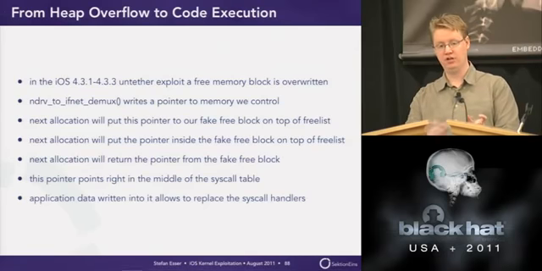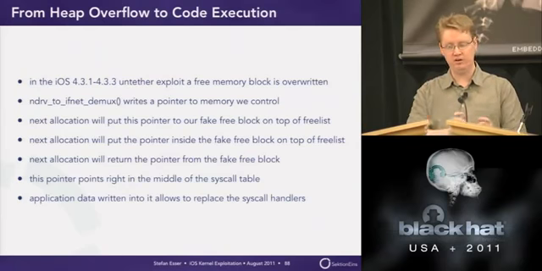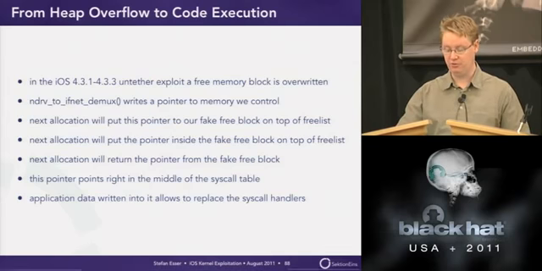And if the kernel copies some data into this just allocated block, we can write in the middle of the syscall table. What I did in the exploit was use some area of the syscall table that's filled with unused syscalls, and I just used one so that the system wouldn't be interrupted.